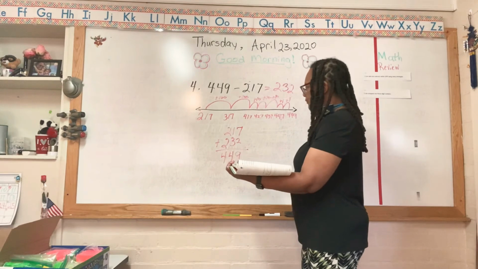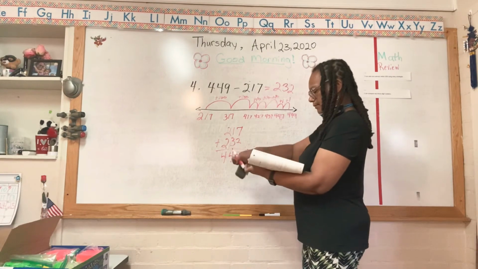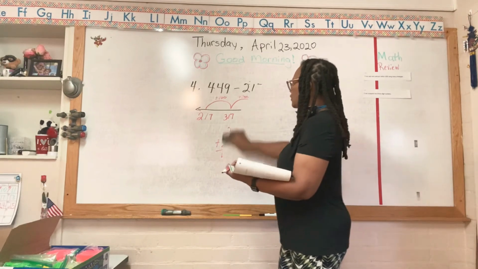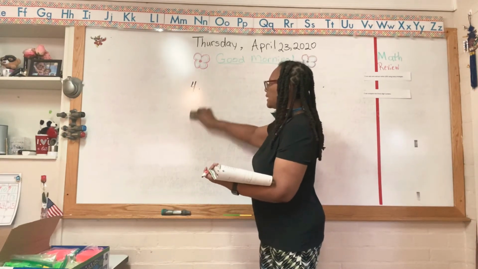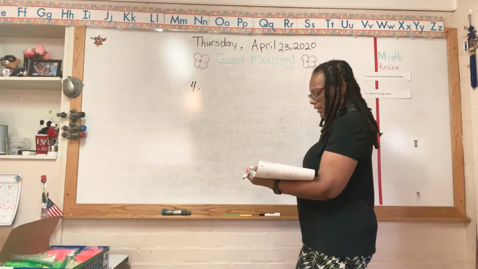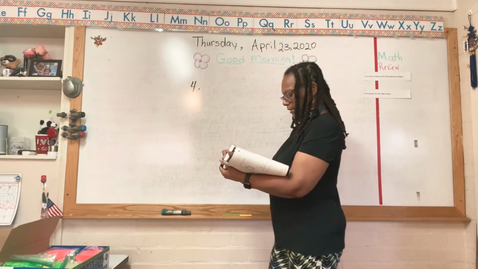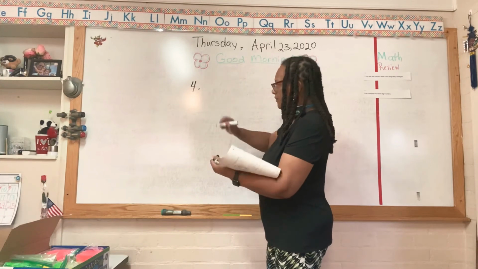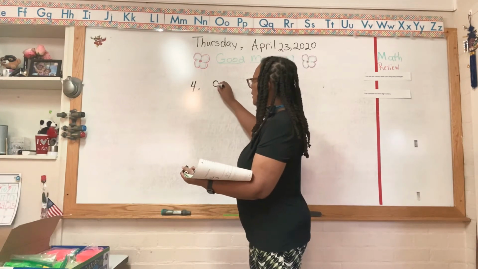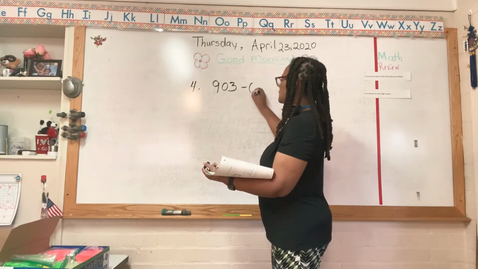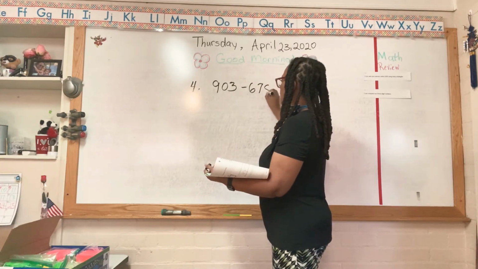Now, I'm going to erase it, but you go ahead and stop the video if you need to copy it, because I need that space on the board. We're going to do number 5, 903 minus 678.